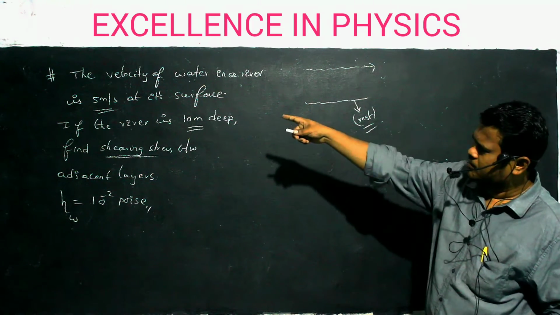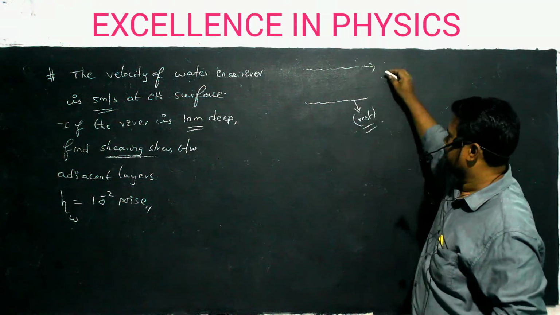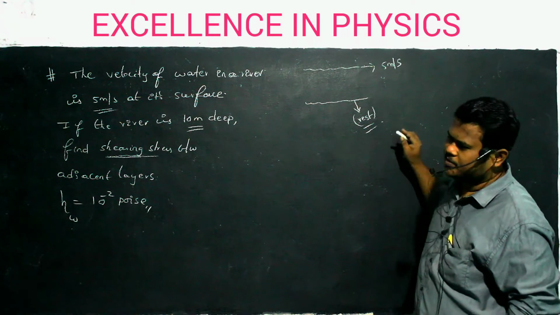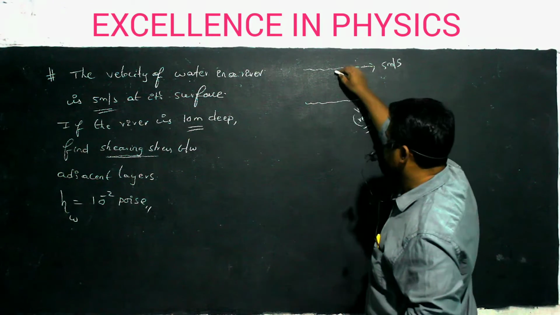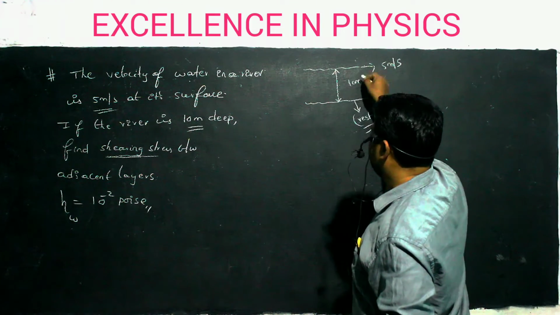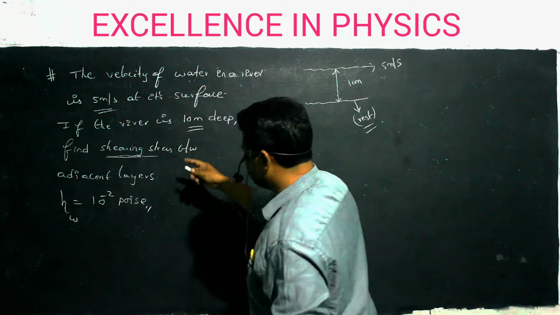That velocity he gave: the topmost layer is traveling with a velocity of 5 meters per second, and this layer is in rest position. Now what is the distance between these two layers? The distance is 10 meters. Then he is asking to find the shearing stress.